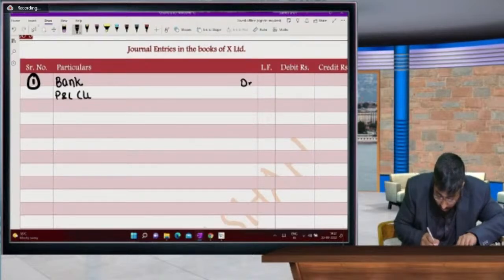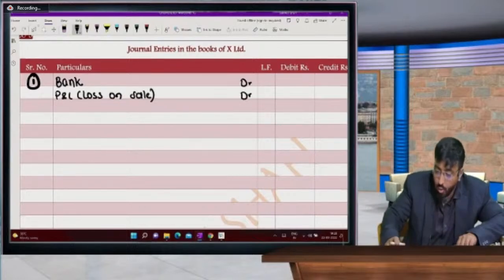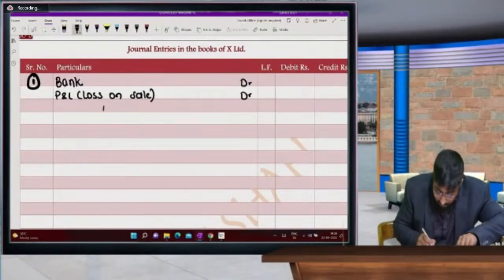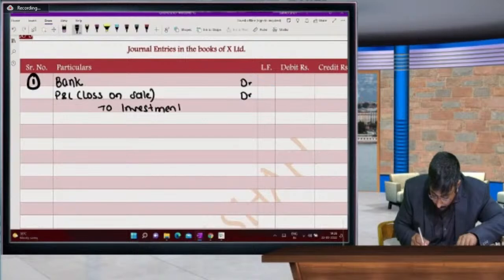P&L account debit, loss on sale. To investment account. But I'm not going to write narrations. It's your homework. So, sale of investment.